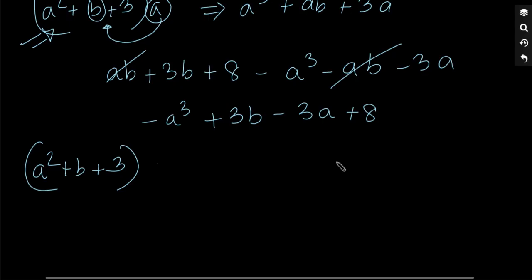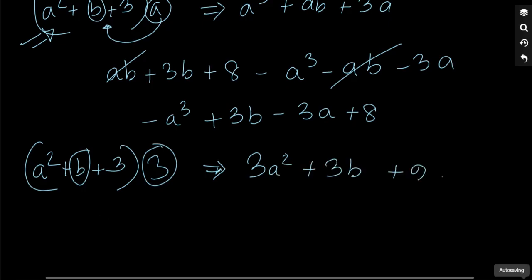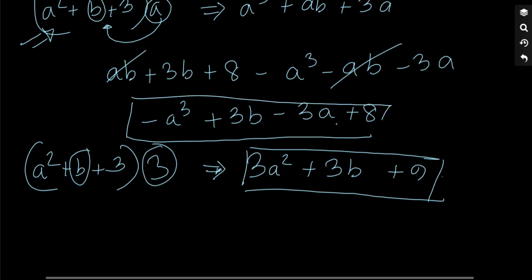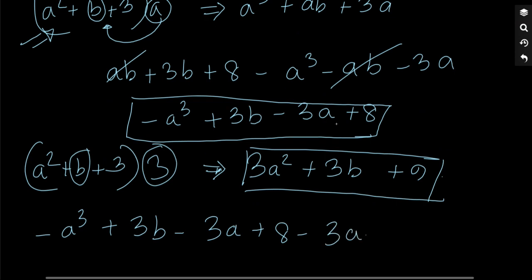So what we get from there is 3a squared plus 3b plus 9, and subtract this from the term I left before: 3b minus 3a plus 8 minus 3a squared minus 3b minus 9.